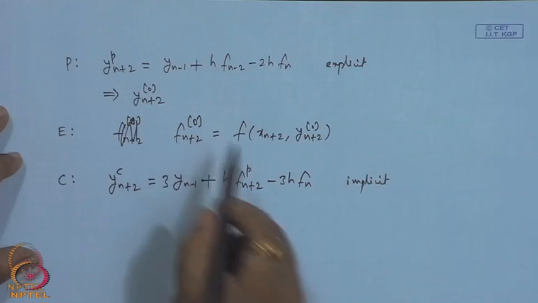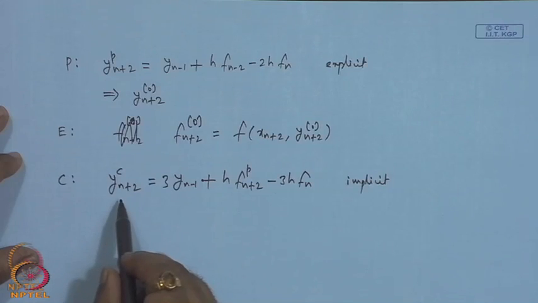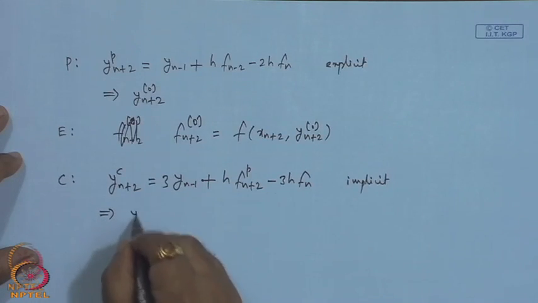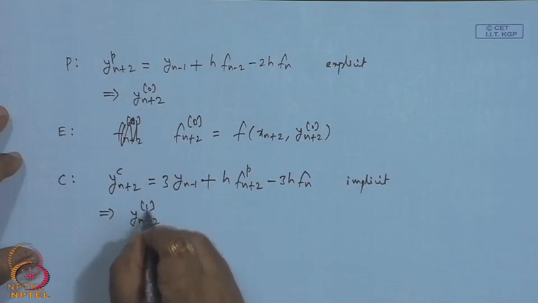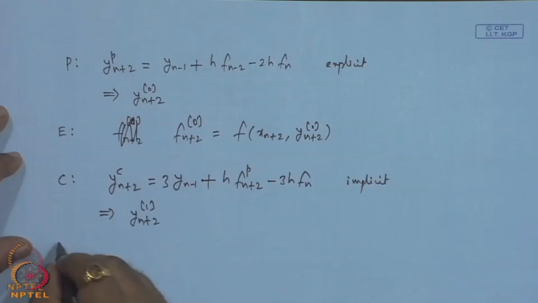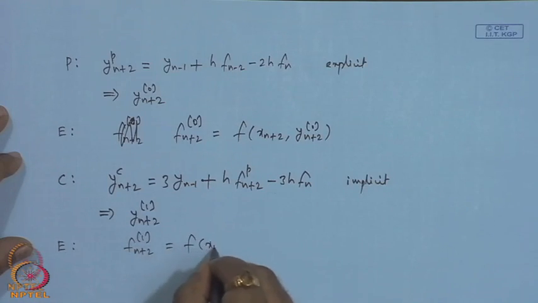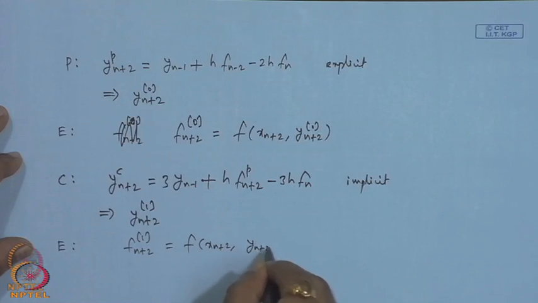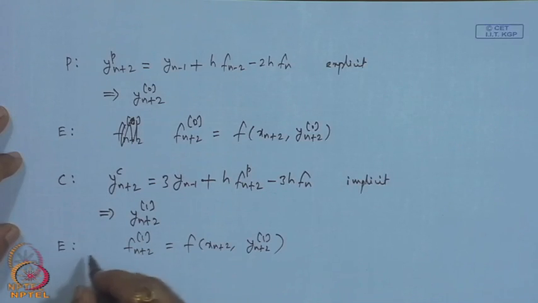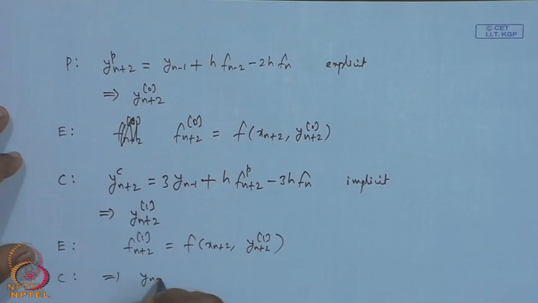Whatever we compute, put it here to get a refined one. Once we obtain it, we evaluate, then we correct to get the next one.